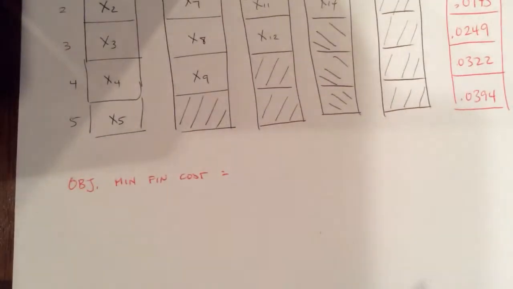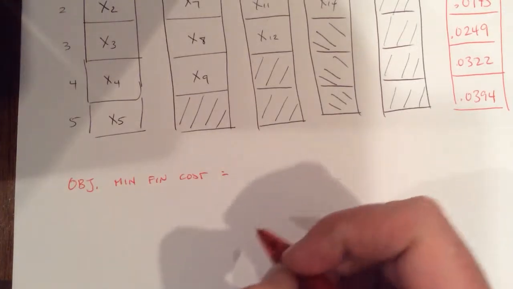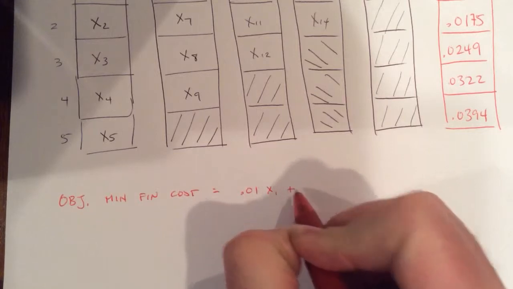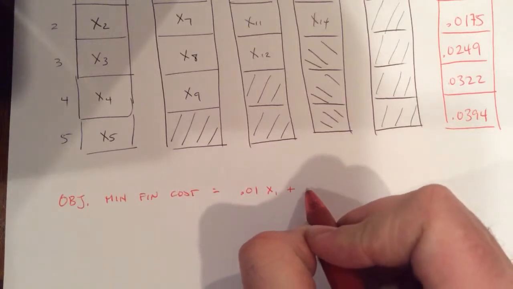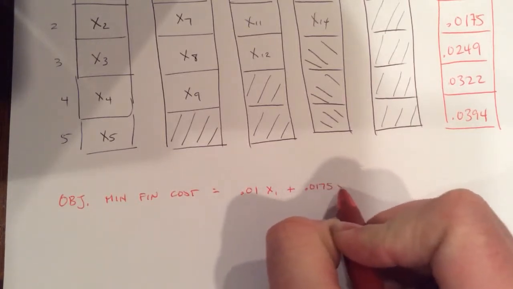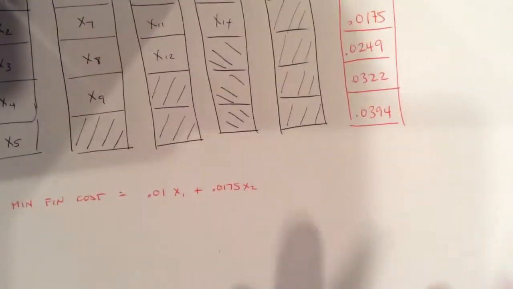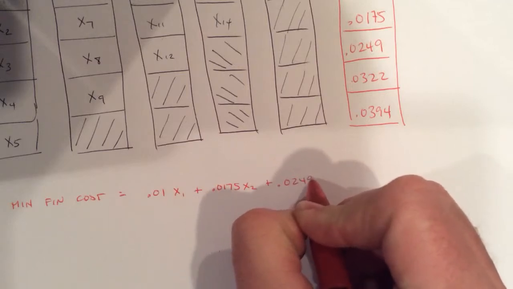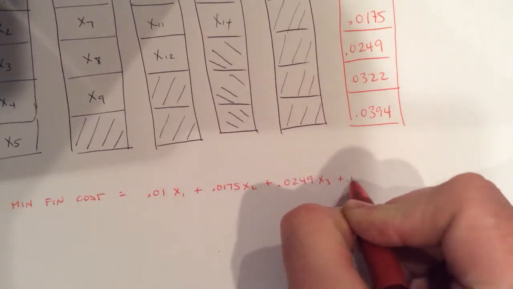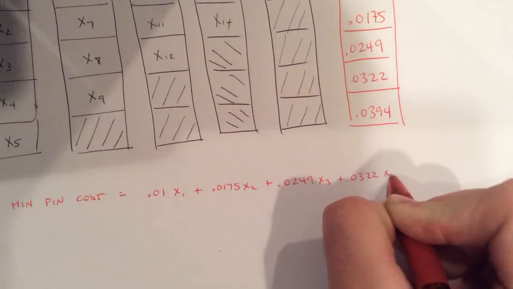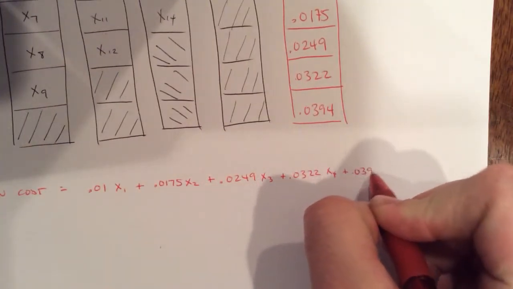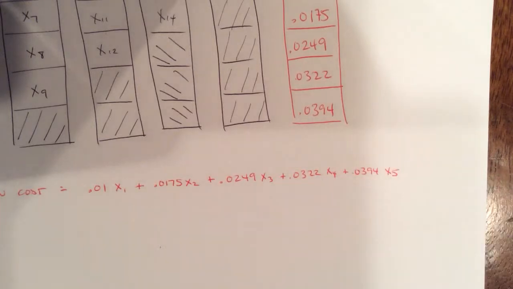All right, so the objective function to minimize my financing cost is going to be 0.01 times x1 plus 0.0175 times x2 plus 0.0249 times x3 plus 0.0322 times x4 plus 0.0394 times x5. Okay.